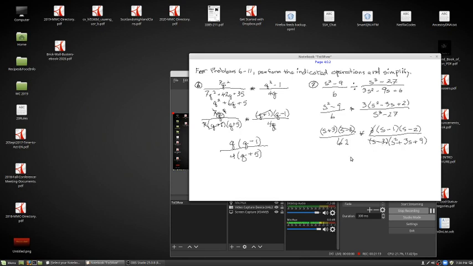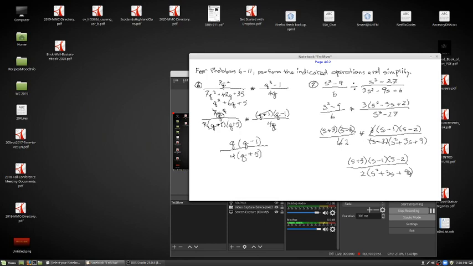And so this ends up being s plus 3 and times s minus 1 times s minus 2, multiplying all of our factors in the numerator, and then the same thing for the denominator, and we'll end up with 2 times s squared plus 3s plus 9.